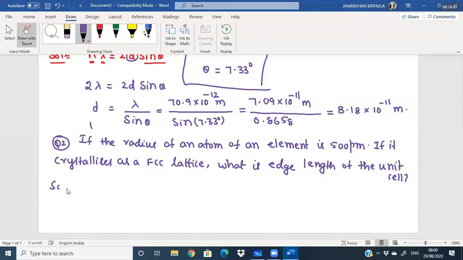For FCC, radius r equal to a by 2 root 2, then edge length a equal to 2 root 2 into r.